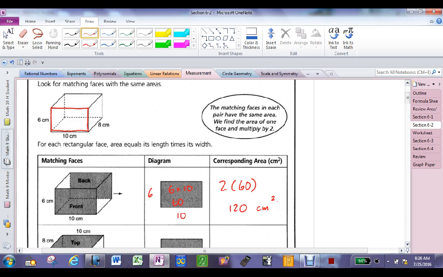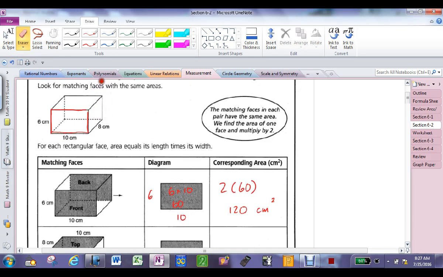But have I covered every side of this shape? No, I have more rectangles I must deal with, right? So when you are learning to do this, if you are not very good at it, I recommend having pencil crayons or something with you so I can do this. So now, the next one on my chart is top and bottom. So I'm going to do this one.